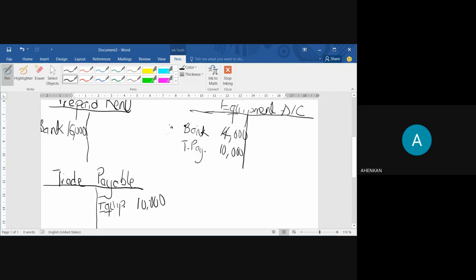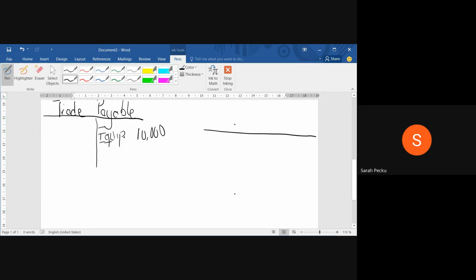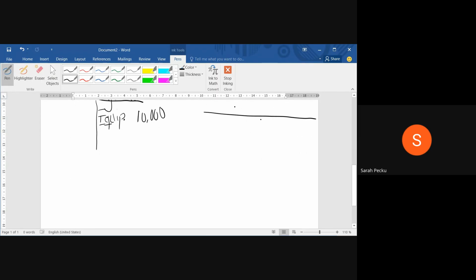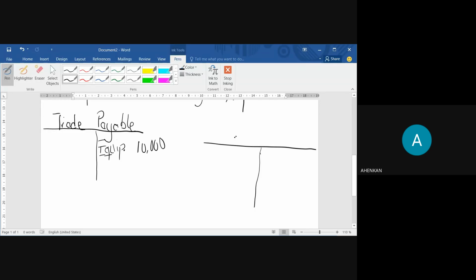Next, number 5. The firm purchased stationery at a cost of 2,000 Ghana cedis and paid for it with a check.